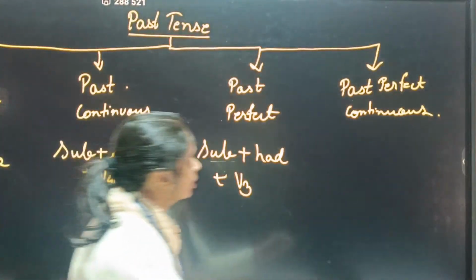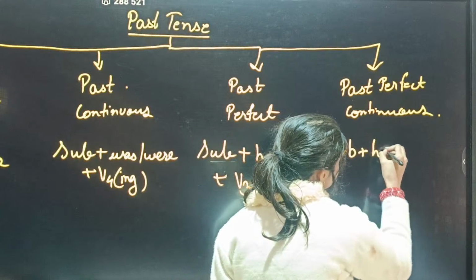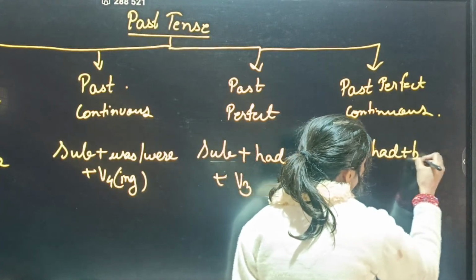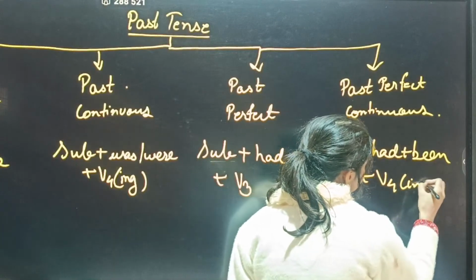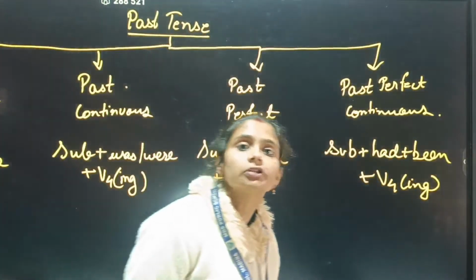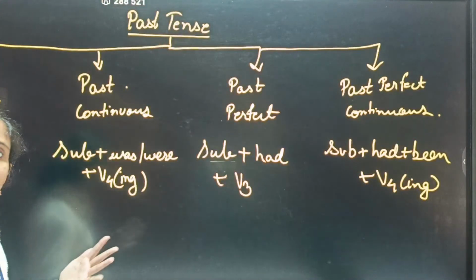Last is past perfect continuous: subject plus had plus been plus verb fourth form, the ing form. So these are the structures included in past tense.